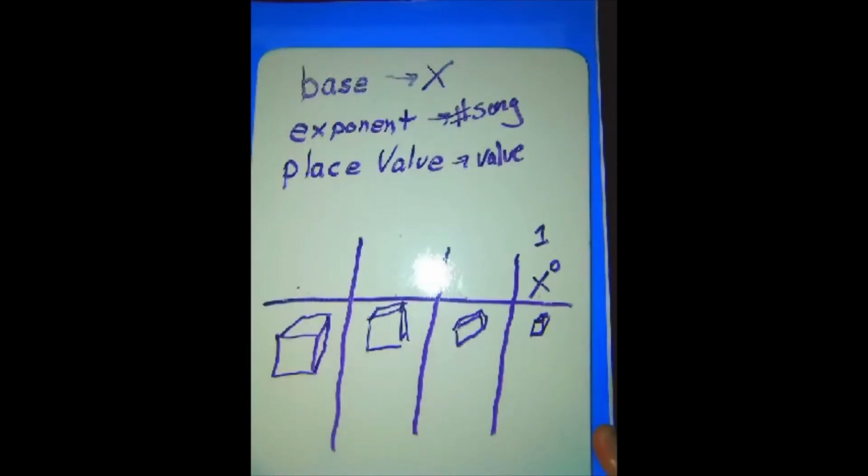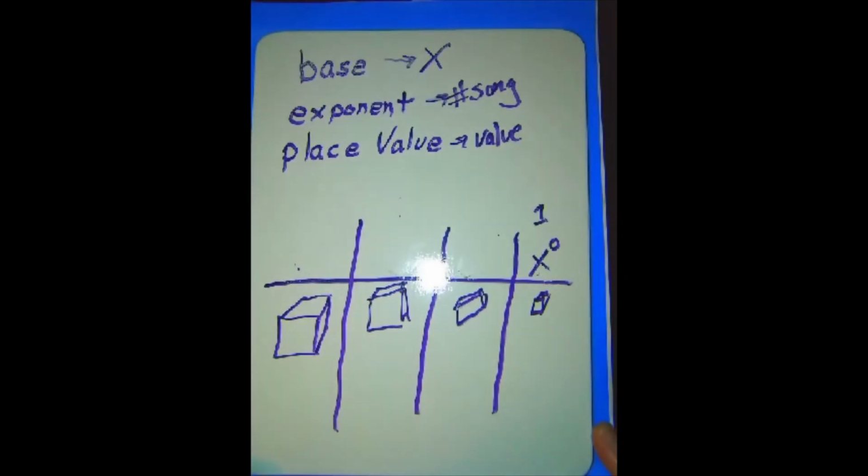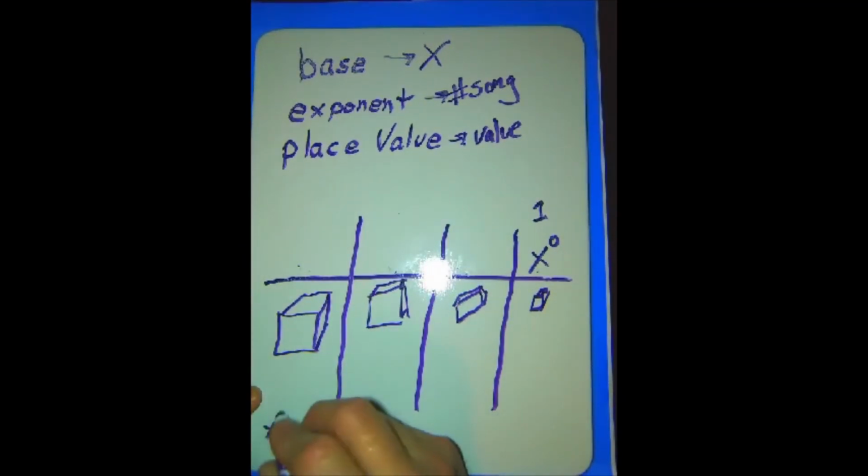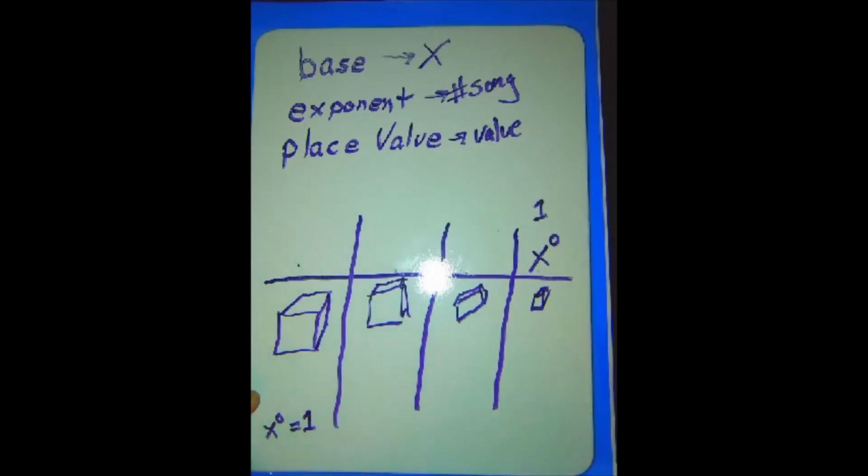So this gives us a little bit more information in that x to the 0 power is always going to equal 1, no matter what base you are in. Again, I know that a lot of you have seen this before in your algebra courses, but this is why. This gives a little bit more information in terms of what's going on.